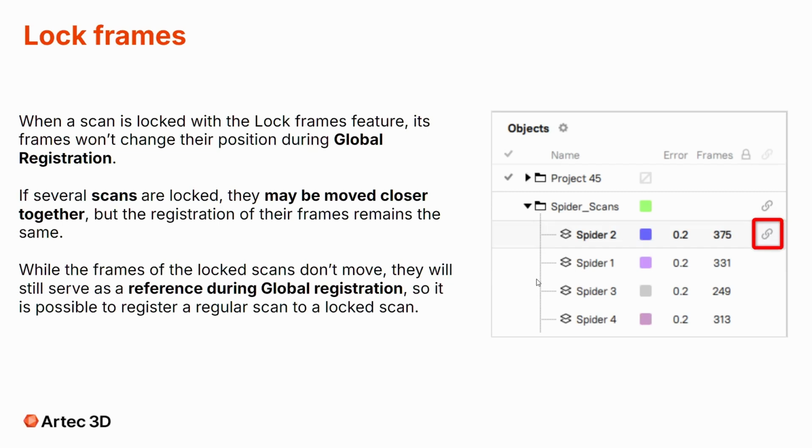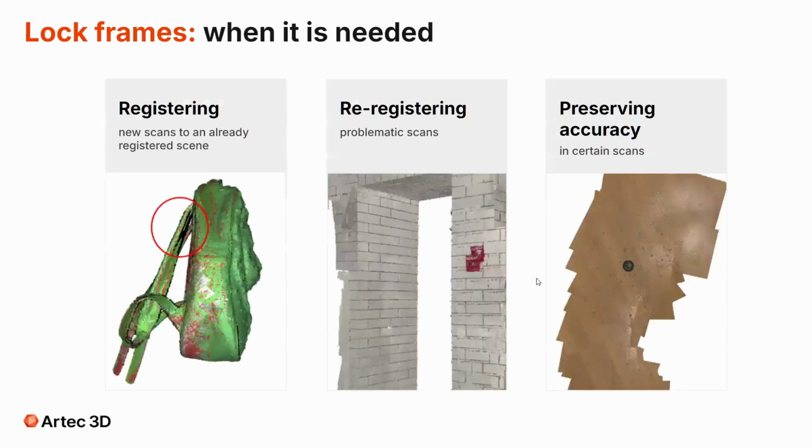So when exactly should you reach for this tool? There are three main scenarios where lock frames becomes essential for a high-quality result. First, we use it for registering, specifically when you're adding new scans to a scene that you have already perfectly registered.